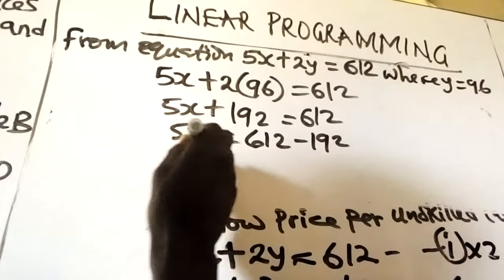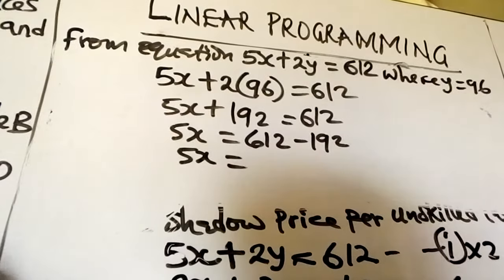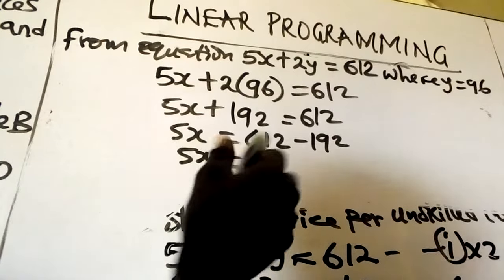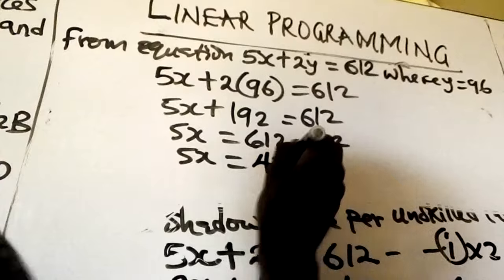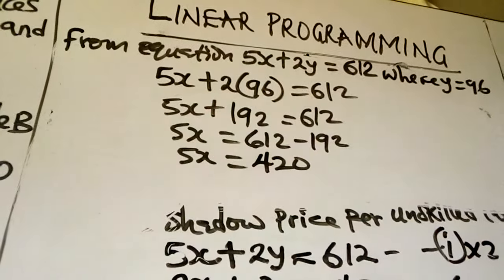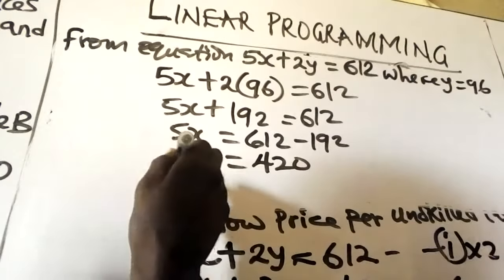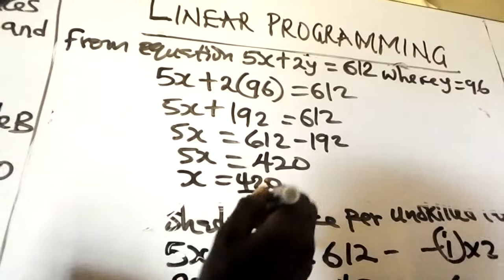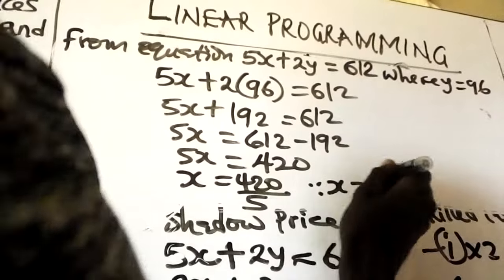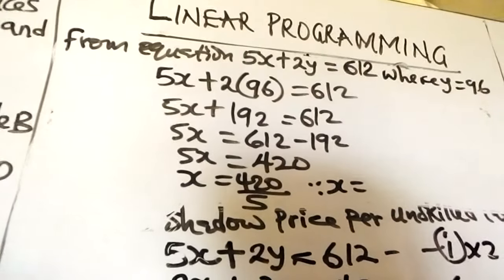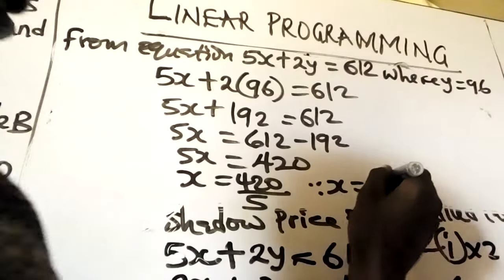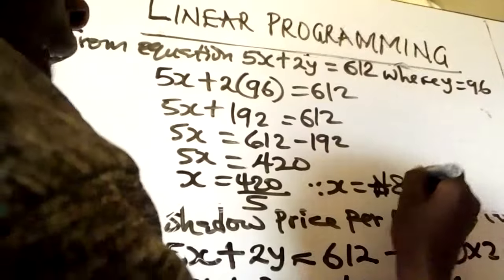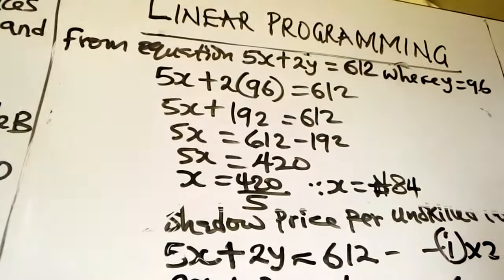When you subtract 192 from 612, you'll be left with 420. To get the value of x, you divide both sides by 5. So x will be 420 divided by 5. Therefore, x will be 84 naira.